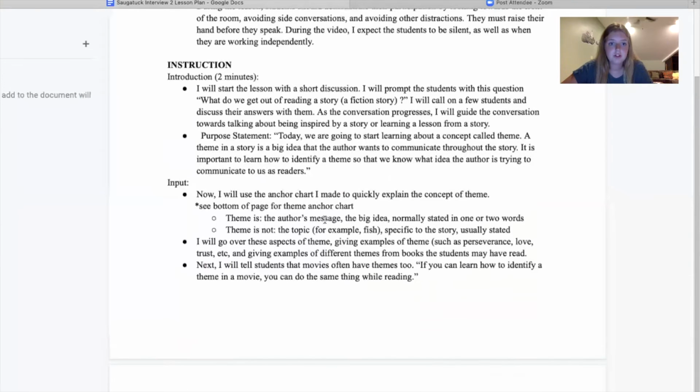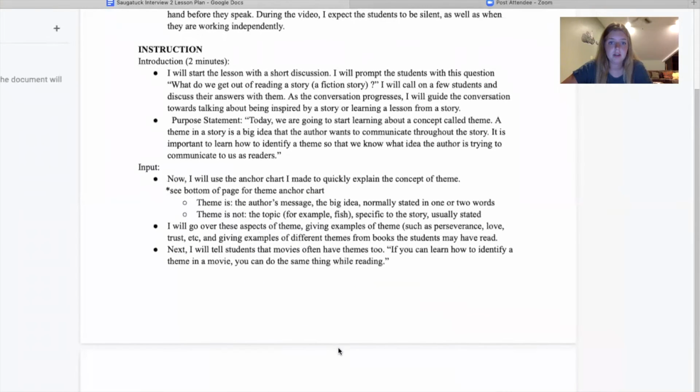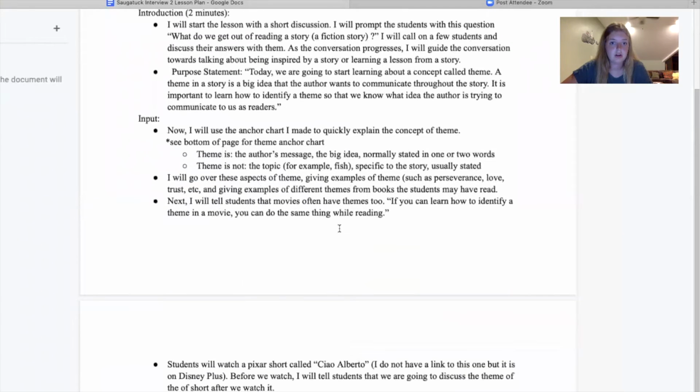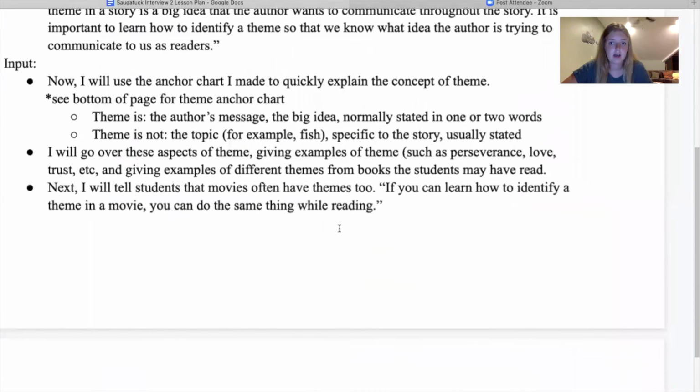After checking out the anchor chart, I would apply those themes to a few stories that the students might have read. For example, in the story Wonder, one of the themes is friendship because the characters overcome a lot of barriers to become good friends.